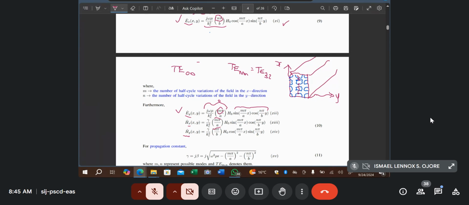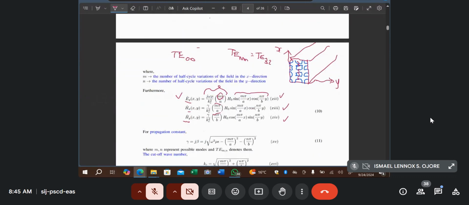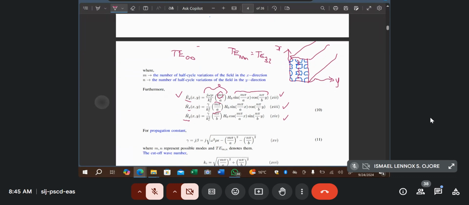Here, if m is 0, that goes to a 0. If m is a 0 here, goes to a 0. N0 goes to a 0. So definitely, of course, if you have the mode as 0, 0, it means you have not excited it. That's what it means. But that will be important when we look at the TM mode.